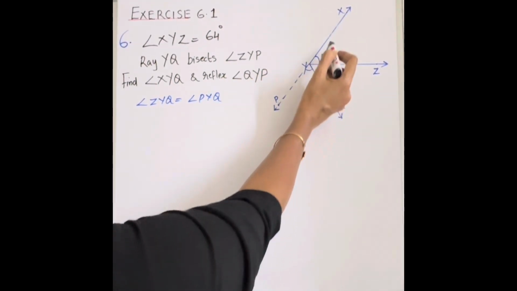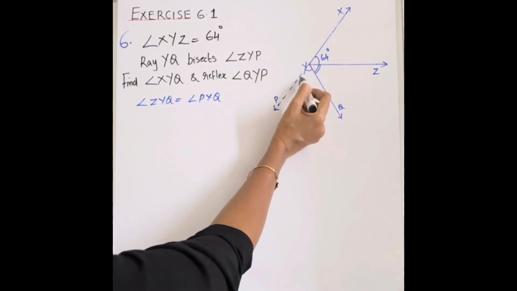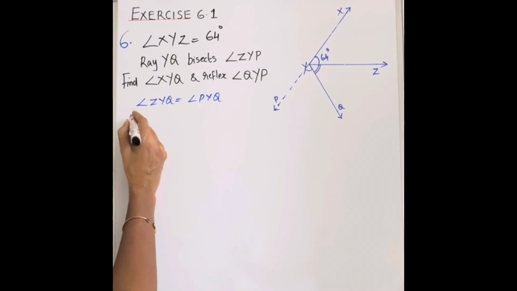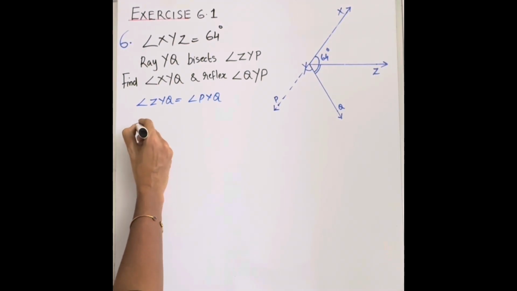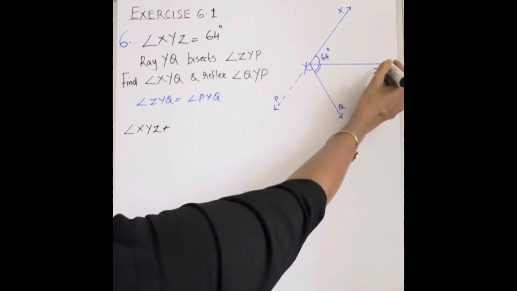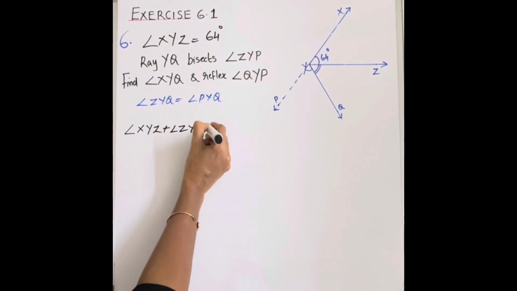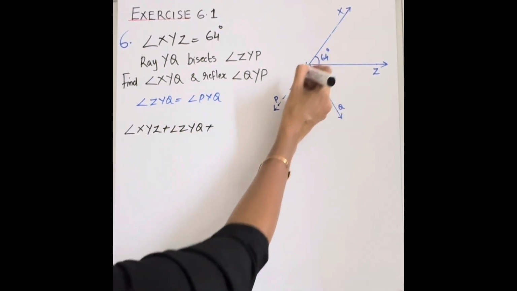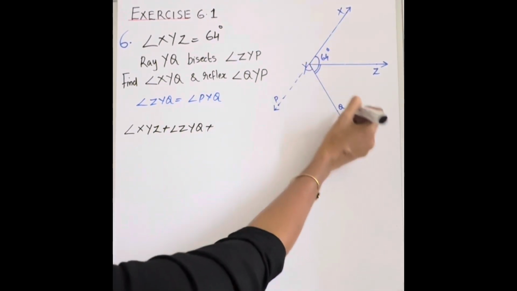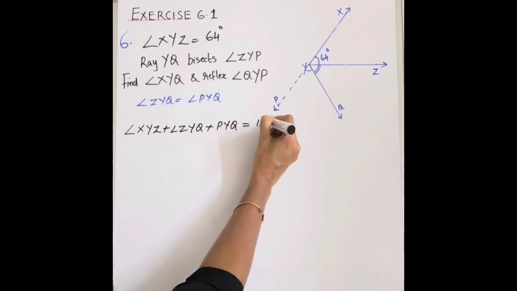XY and these angles form a linear pair. So which are the adjacent angles that form a linear pair? We'll write it down here: angle XYZ plus ZYQ plus QYP, or we write PYQ, is equal to 180 degrees.